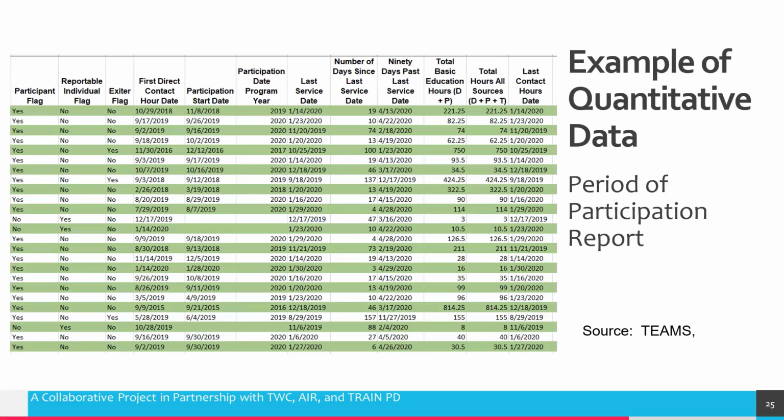So how familiar are you with a period of participation report? Once again, indicate in the chat, 1 for low, 5 for high. We have a 3, we have some 5, 4, 5, 4, awesome. Great, we have a lot of 5s. You all are gonna rock this.